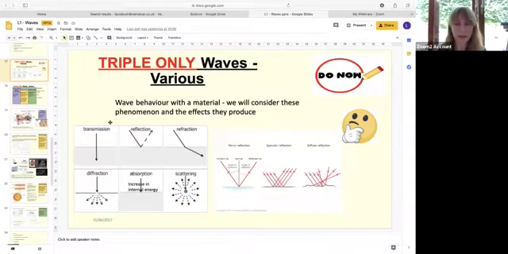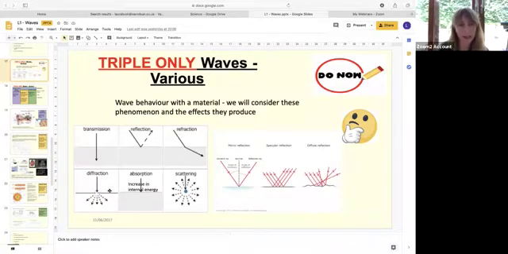So we first of all will consider the key language that we're going to be using when we talk about how a wave interacts with a material. So if a wave passes straight through, the language that we have to use is transmission. We're familiar with reflection and refraction, when it moves to a more dense material that causes it to slow down and refract towards the normal.